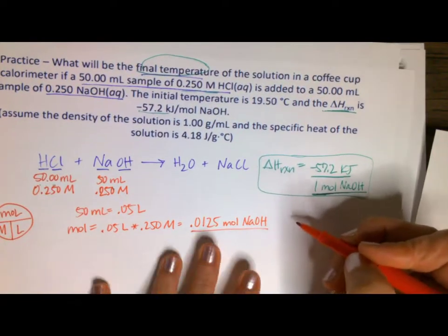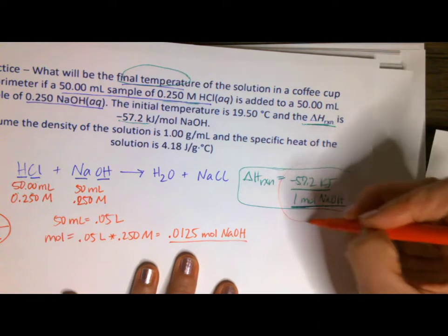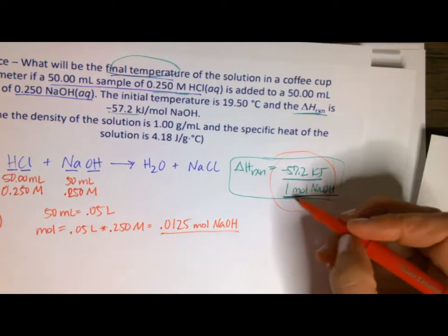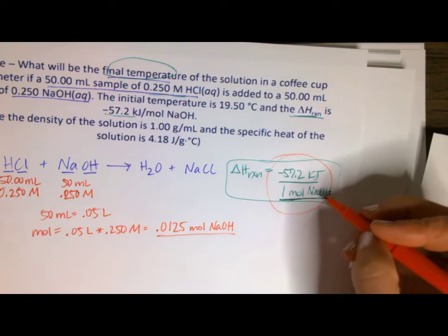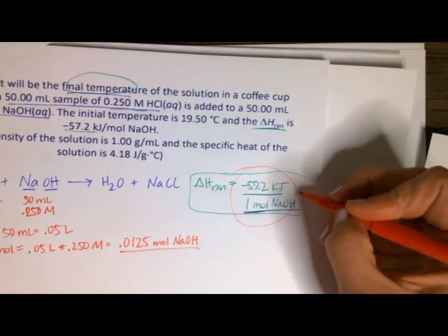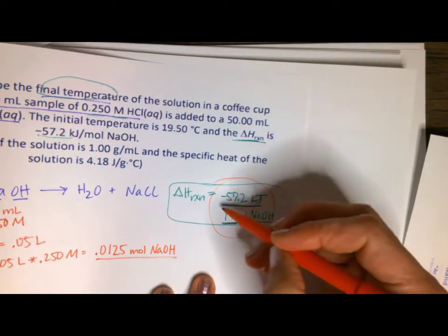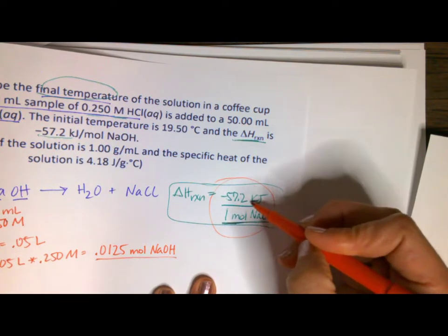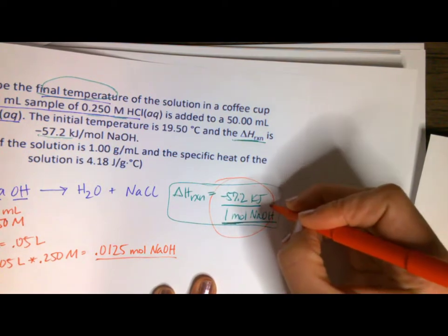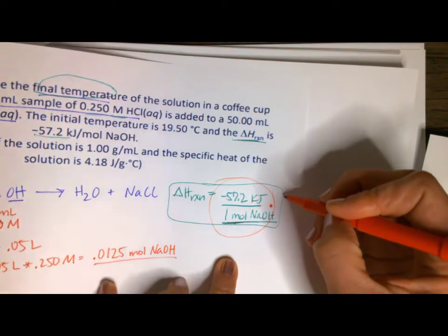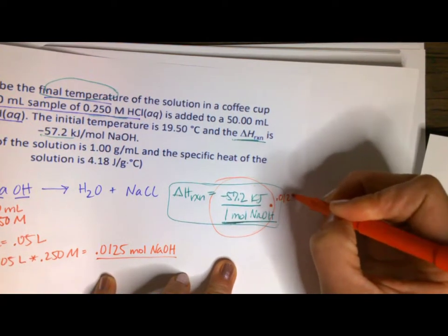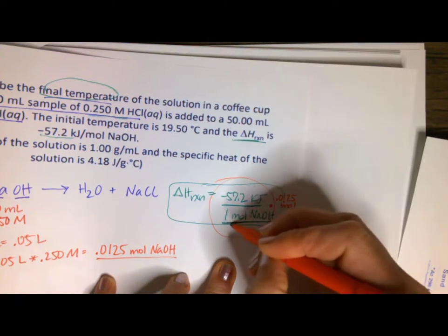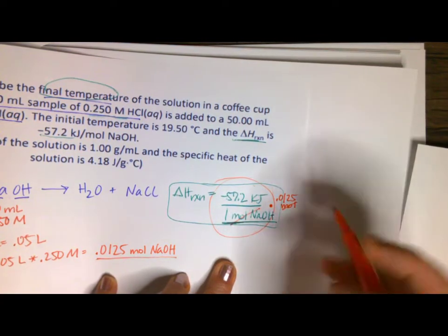We used that much. So let's figure out the Q, how much heat this reaction actually used. So we're going to take this. Remember, it told us negative 57.2 kilojoules for 1 mole? Well, we didn't actually use 1 mole, so we're going to take this and multiply by 0.0125 moles, so that moles and moles will cancel out.